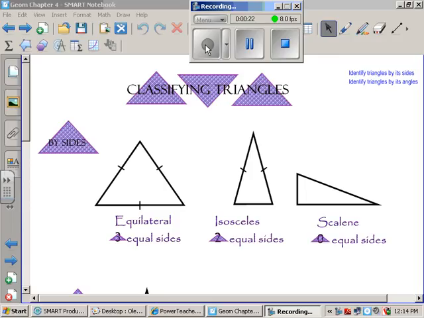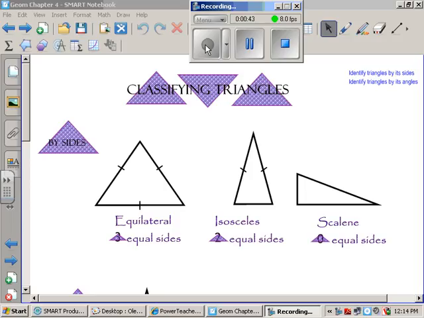I'm sure you know this already, but classifying triangles, or naming them, by their sides and then by their angles. Every triangle has two names, right? It's got a name you can call it by its sides and a name you can call it by its angles, just like your first name and your last name.